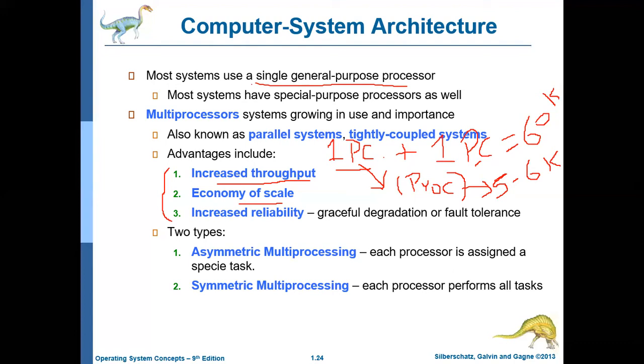But here, with one PC, you add one more processor and share the existing resources. So this is the second advantage, called economy of scale.